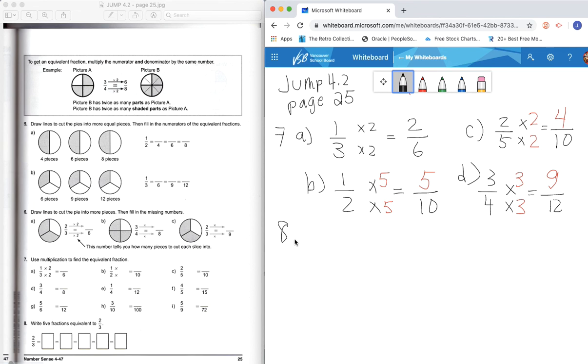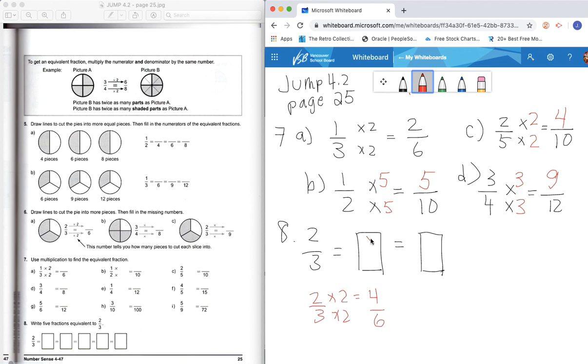Number 8. Write 5 fractions equivalent to 2/3. Okay, I'm going to do the first two with you. So the easiest way to do this is you start from multiplying by 2, and then you multiply by 3, then multiply by 4, then 5, then 6. Okay, so the first one is 2/3 times 2, both top and bottom, equals 4/6.